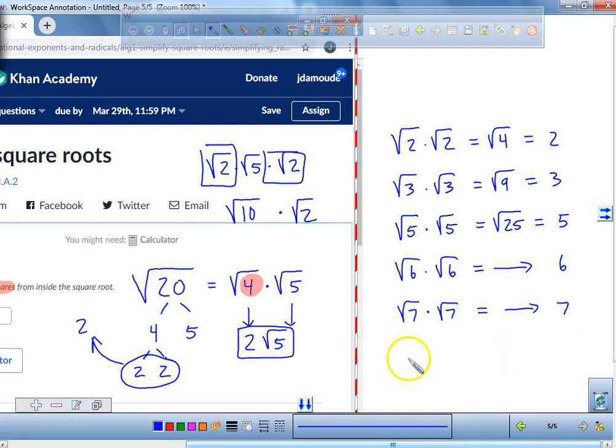All right, here we go. Here is the final one. Let's see if you guys can find it. Here we go. Don't tell me the answer yet.